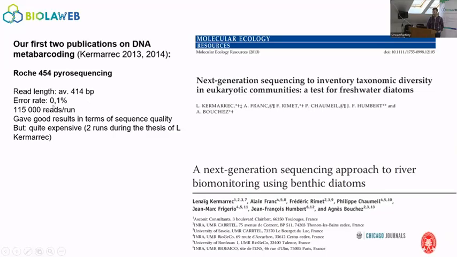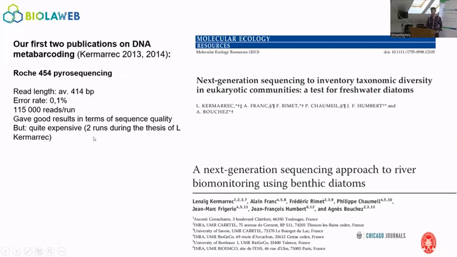The error rate was 0.1%, so it's a very low error rate. Here you have the number of reads per run, around 100,000, which is quite low. But at that time we were very happy to have all these reads per run. And it gave good results in terms of sequencing quality, with this low error rate.